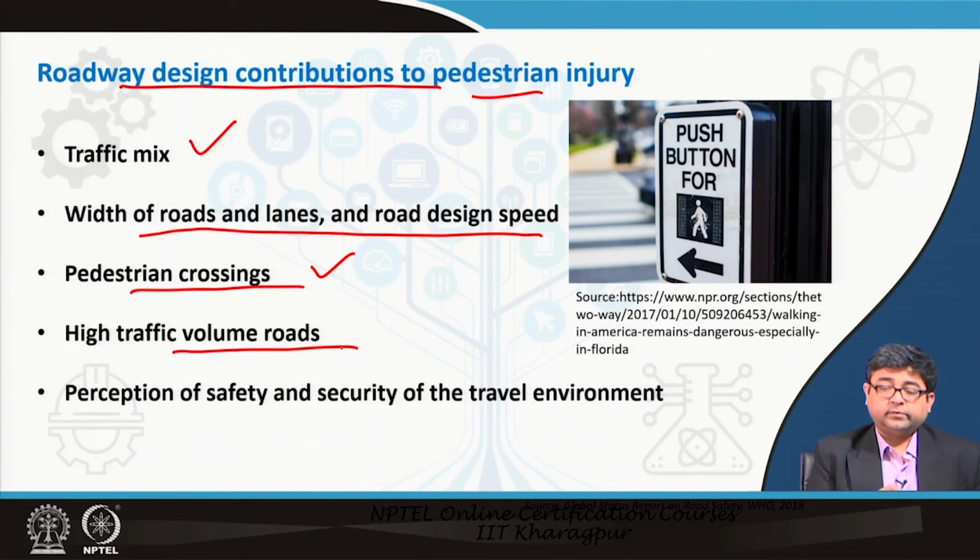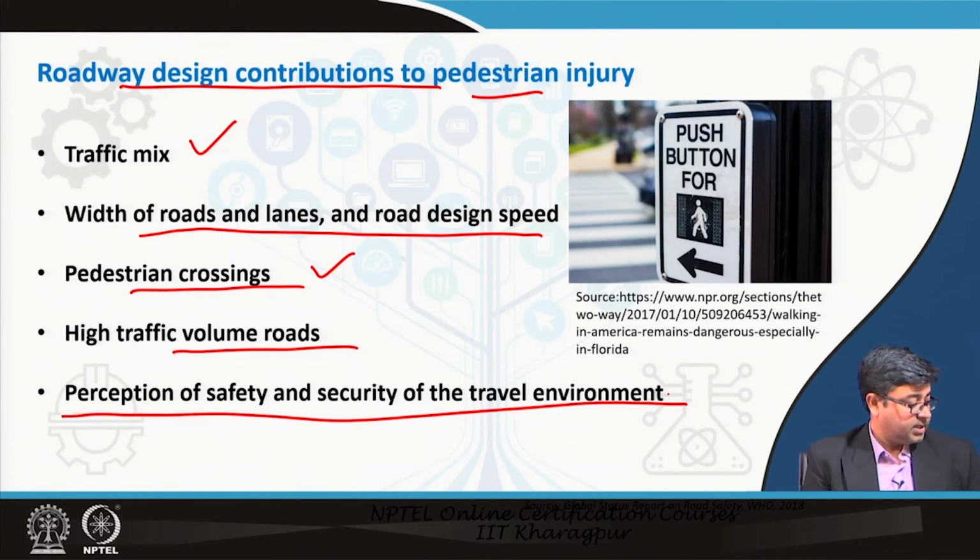High volumes of traffic are also a contributor, and just the perception of safety and security of the travel environment causes an issue as well. Perception of safety is about how you make a person feel safe: maybe all the design parameters are pretty good, but the pedestrian still feels that it is unsafe, or they perceive that that intersection is unsafe. So, how do you deal with that kind of a situation, right?